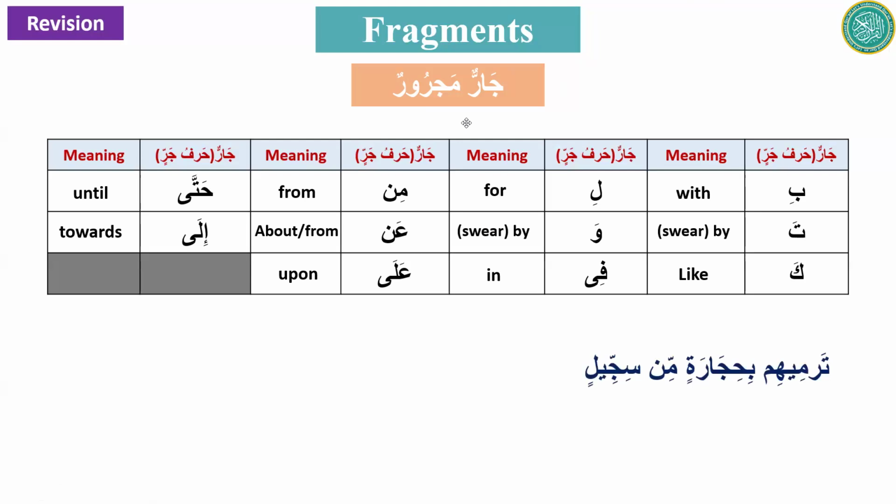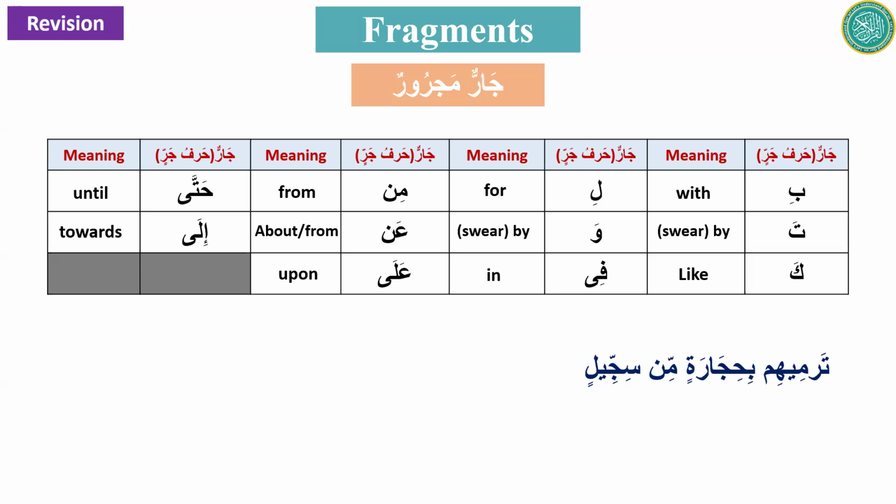Brother Wahid, may I request you? I have written an ayah here at the bottom of this table. There are 2 jar in it. Can you identify those 2 jar? Min. Okay.